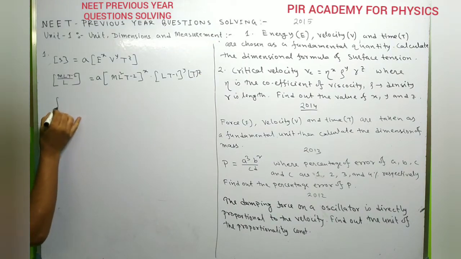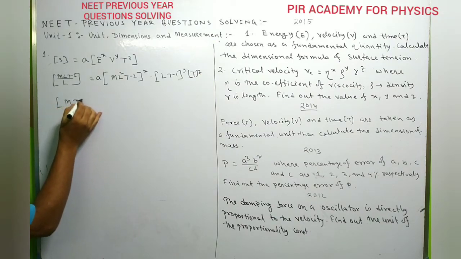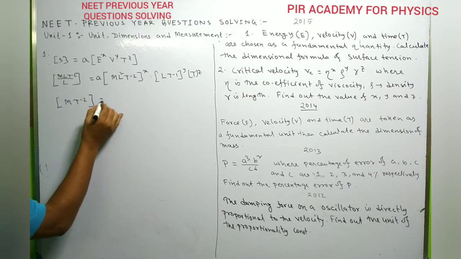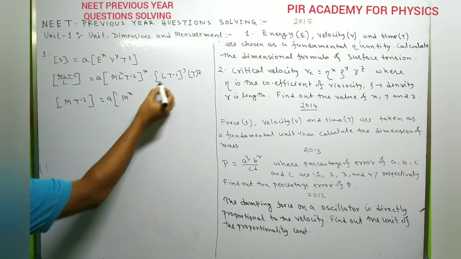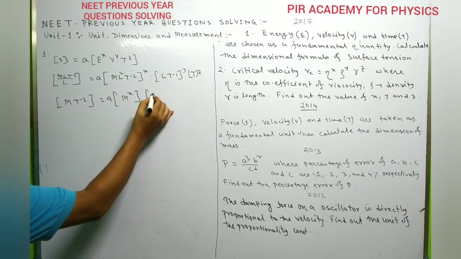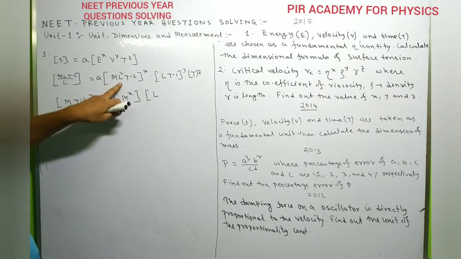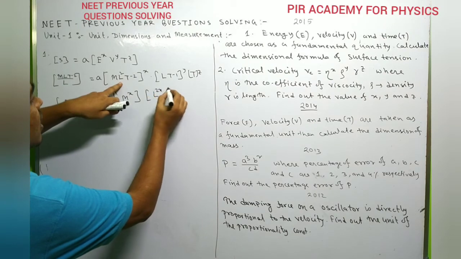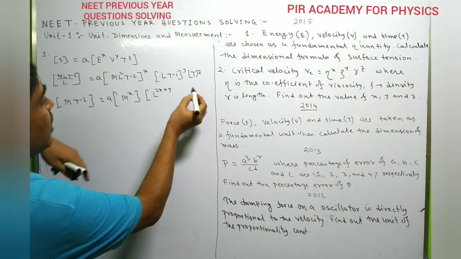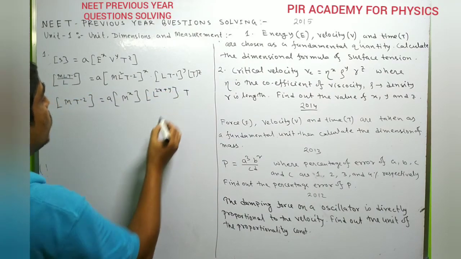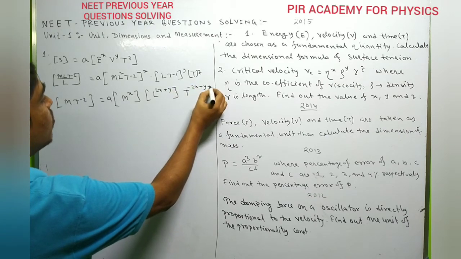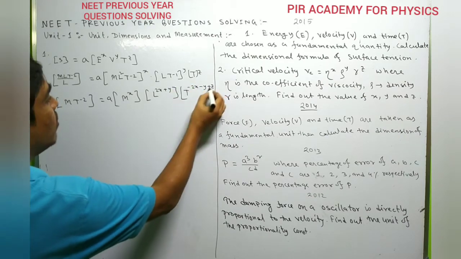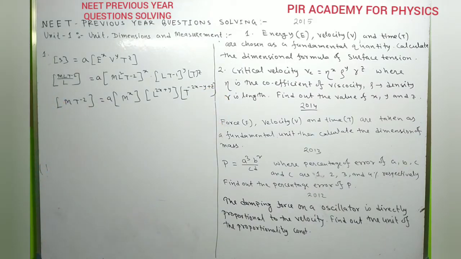So it will be M T to the power minus 2. Here M to the power x, here L to the power 2x plus y, and T to the power minus 2x minus y plus z. So this is the dimensional formula.